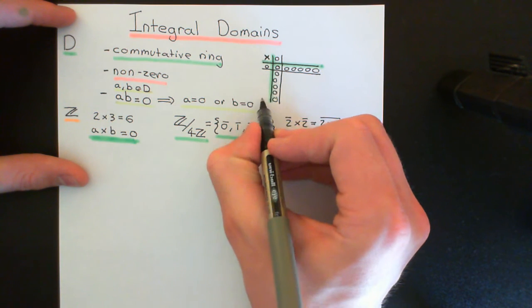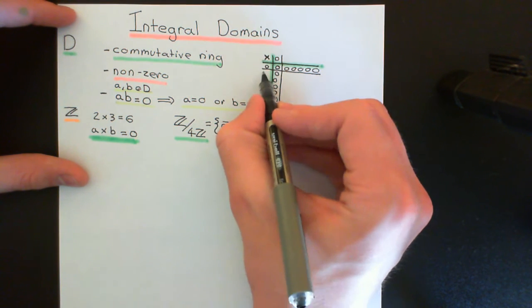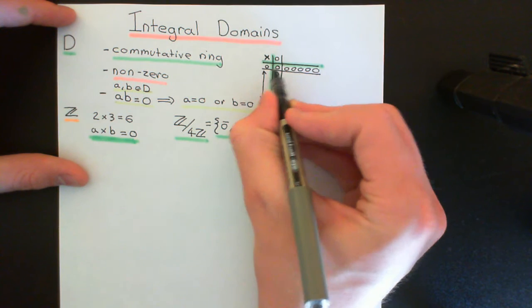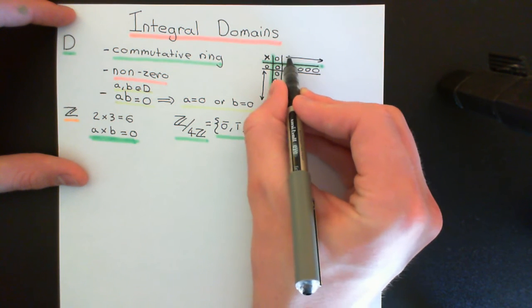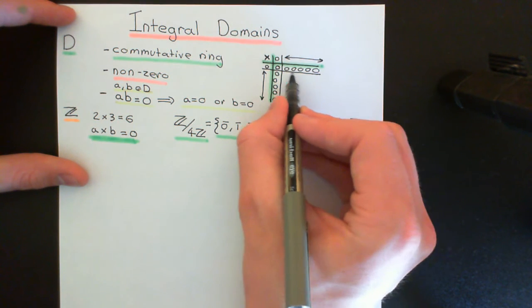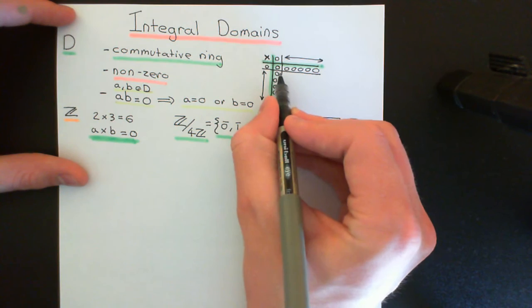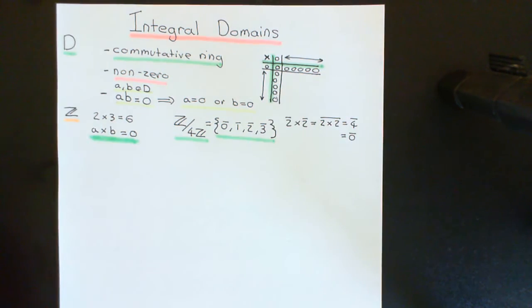Whenever you take a non-zero element, which is all of this portion here, all of these rows, and multiply it by another non-zero element, which is all of these portions, this will overall correspond to all of these entries here, and I'll just colour those in.